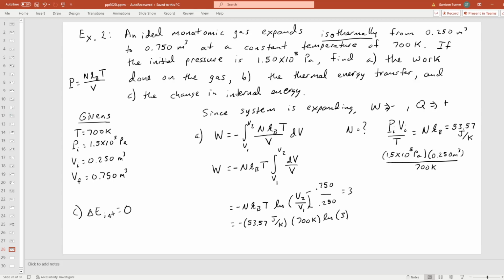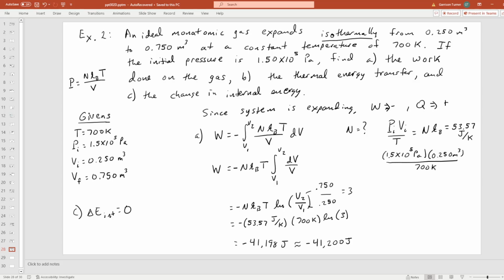So this is the natural log of 3. So if I take 53.57 times 700 times the natural log of 3, we get negative, okay, to three significant figures, negative 41,200 joules.